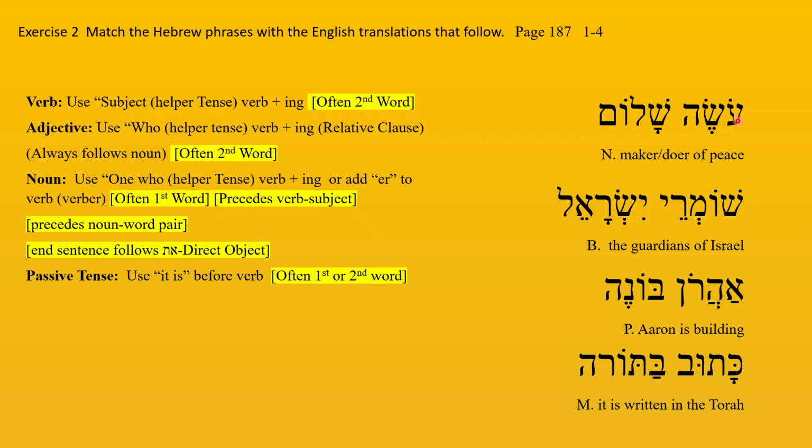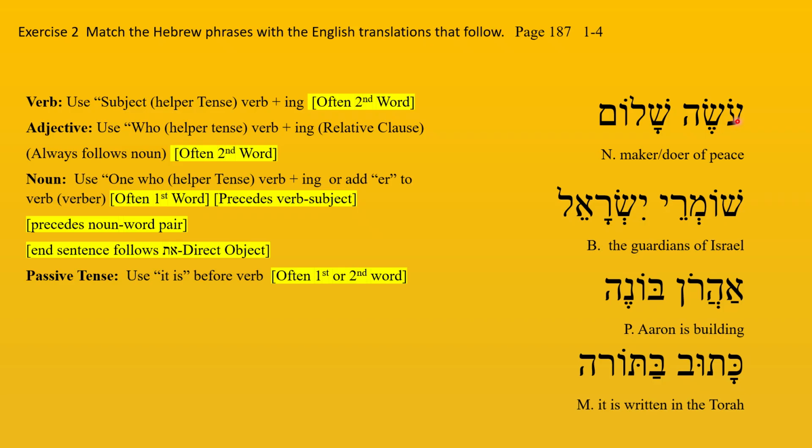So literally you can translate this as one who makes peace, but because you have two nouns together, you want to begin with the assumption that this is a word pair.